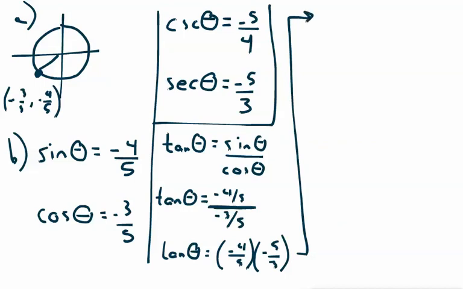If you take a look at this, we've got 5s that we can cancel right away. We've got two negatives, which make a positive here. And tangent of theta is 4/3.